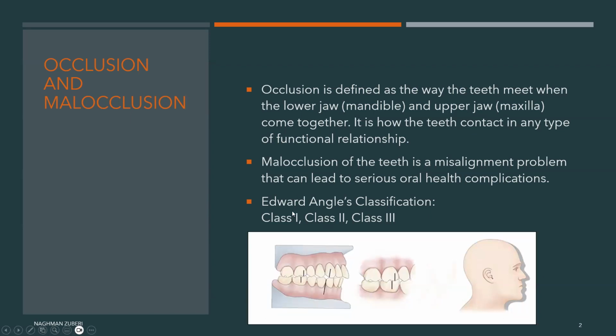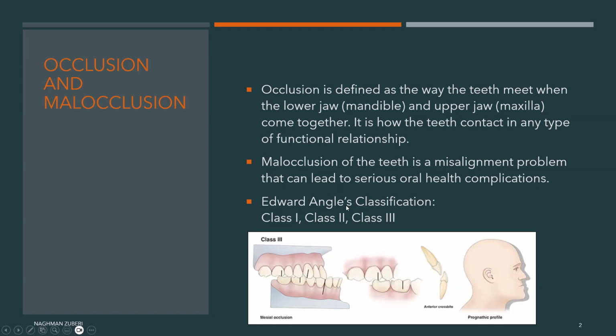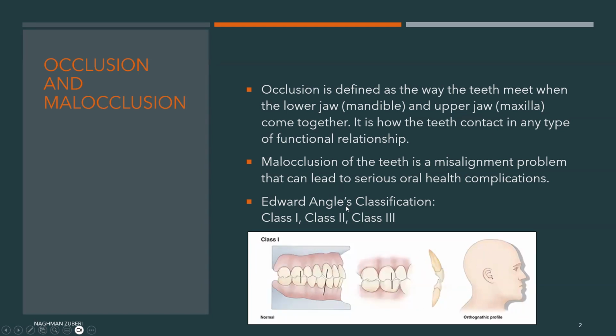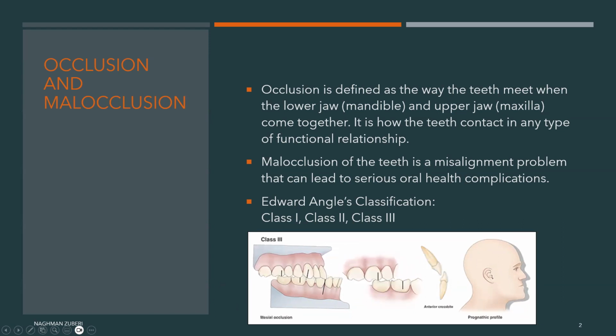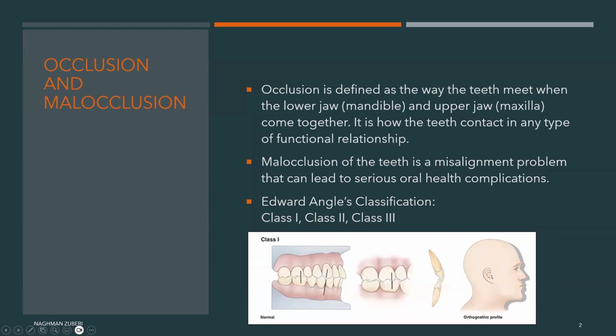Edward Angle, if you remember, we have discussed him in one of our lectures, was the father of modern orthodontics, and he gave the concept of normal occlusion, class 1 occlusion, class 2 occlusion, and class 3 occlusion. We have also discussed that his classification is based on the relationship of the first permanent molars, upper and lower: class 1, class 2, and class 3.